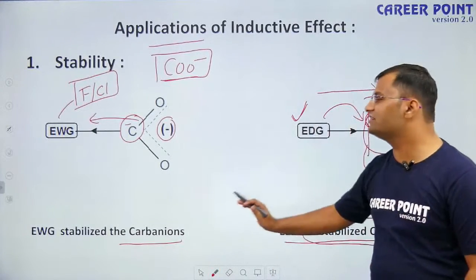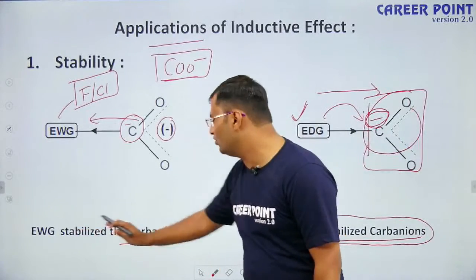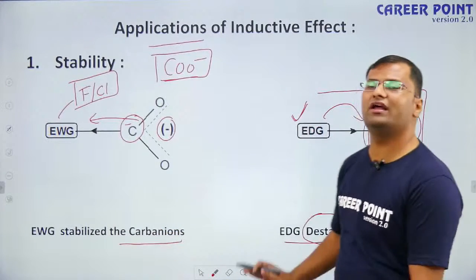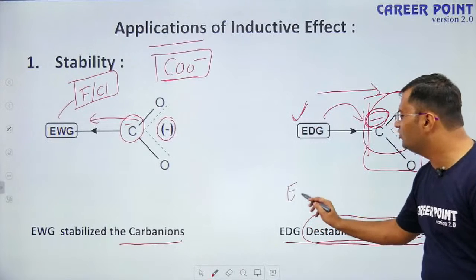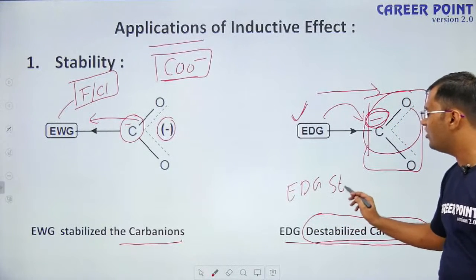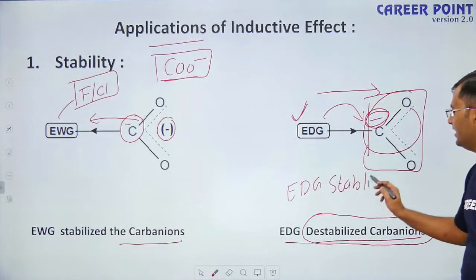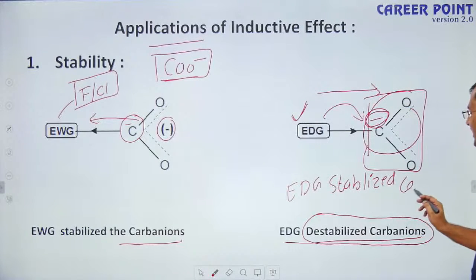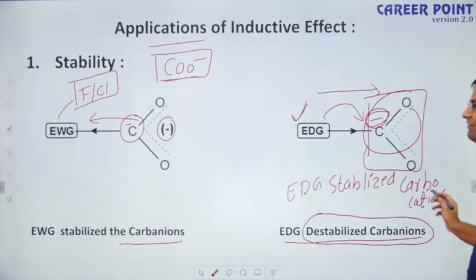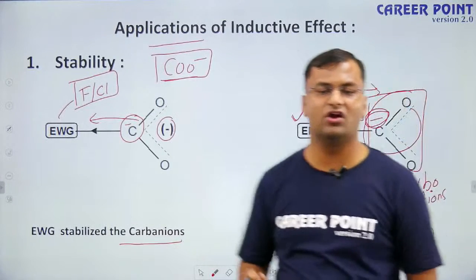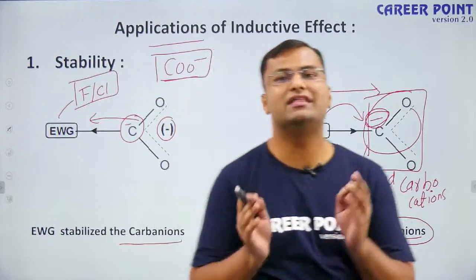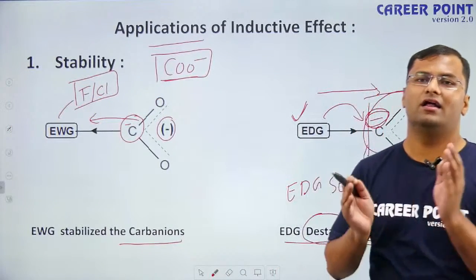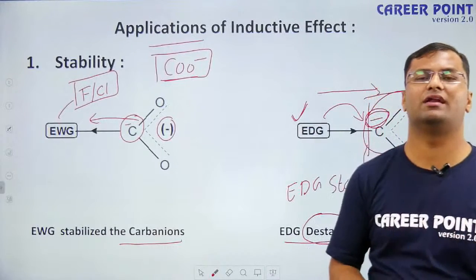A minus I effect, or electron withdrawing group, always stabilizes the carbanion, while an electron donating group stabilizes only the carbocation, but destabilizes the carbanion. Clear now? So this is the first application of the stability of any carbocation or carbanion.